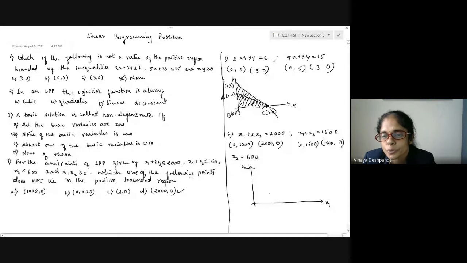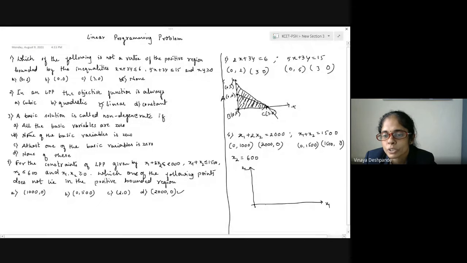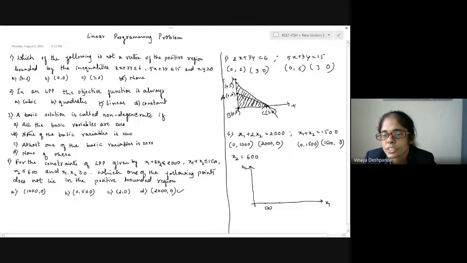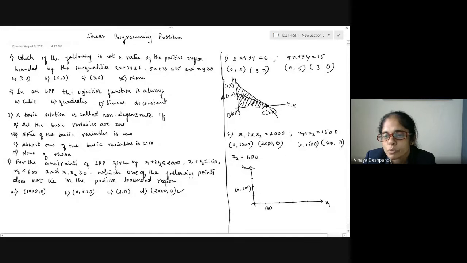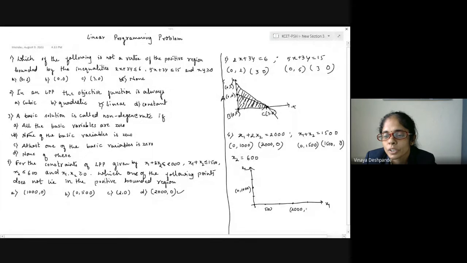Here this is 0, 0, of course. Then we note 500, 1000, 1500, 2000. Similarly here 500, 1000, 1500, 2000. So when x1 is 0, x2 is 1000, somewhere here, this point. Then x1 is 2000, x2 is 0.